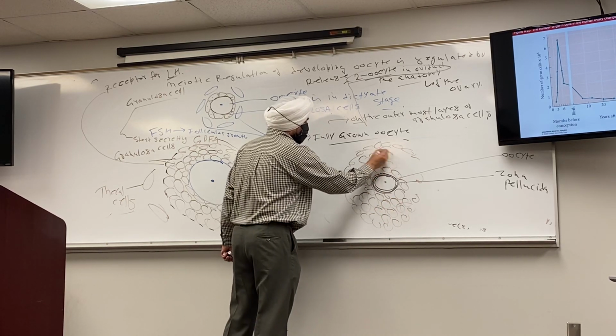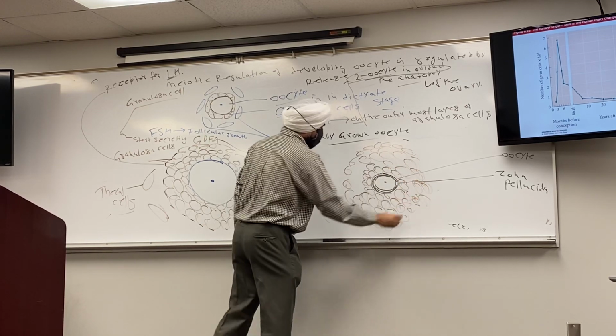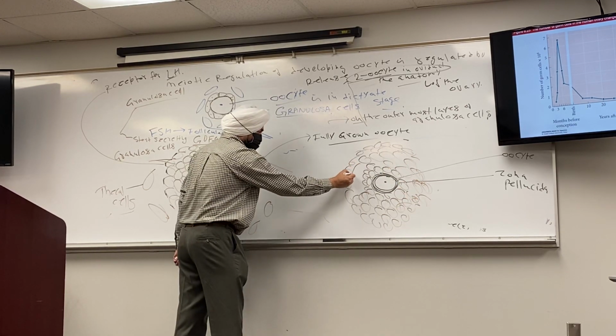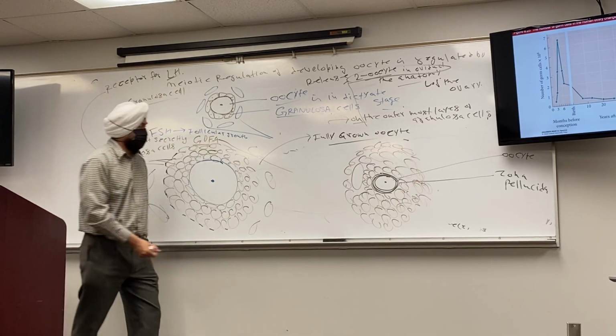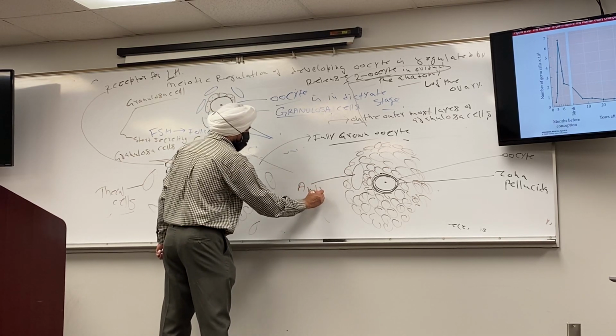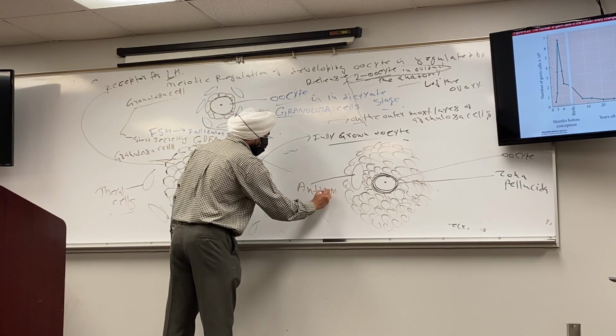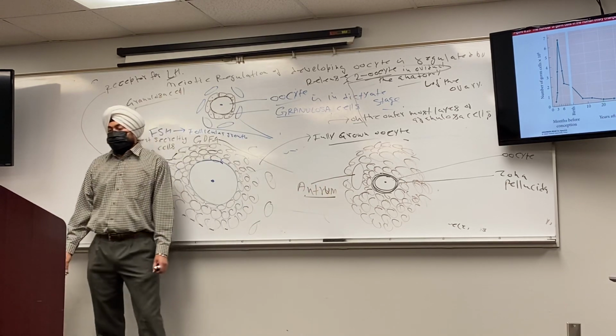So everywhere are cells, cells, cells. Right here, there are no cells. Okay? So a cavity will be created. That cavity is called antrum.